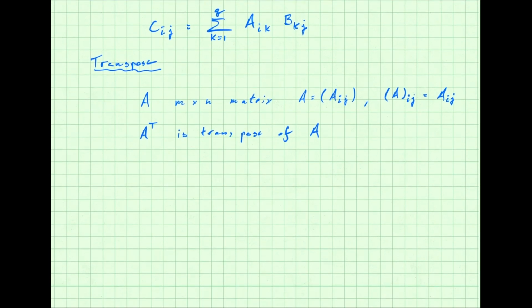And we'll say the following. Row i, column j of the transpose of A is equal to row j, column i of A. So in other words, the rows and columns are swapped, and A transpose is then an n by m matrix.